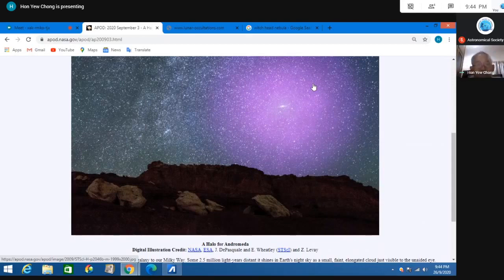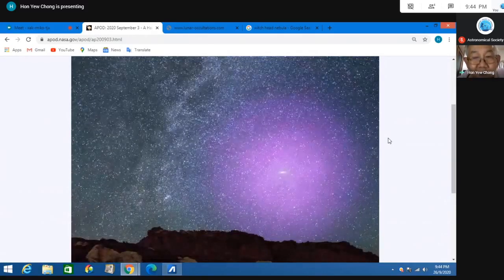I repeat, if you ask me, what is the average temperature of the space between the stars, between the galaxies? I would say the average temperature is actually the temperature of the cosmic microwave background lah. So what is the cosmic microwave background? Remember, the Big Bang occurred 13.8 billion years ago, exploded.